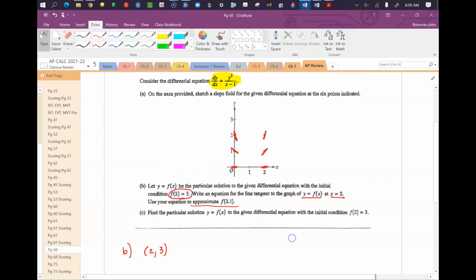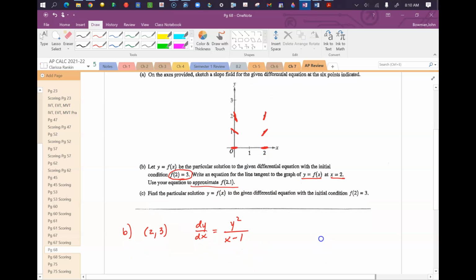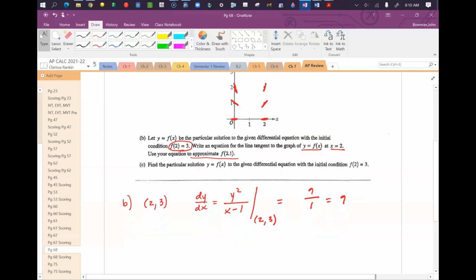And we also need to find the derivative at that point. dy/dx is equal to y squared over x minus 1. Notice this depends on both the x and the y coordinates at that point. So we're going to put this notation here that says we're going to evaluate that derivative at the point 2, 3. So we get 9 over 1, or 9, for our slope. So our equation of our tangent line, y minus 3, is equal to 9 times x minus 2.